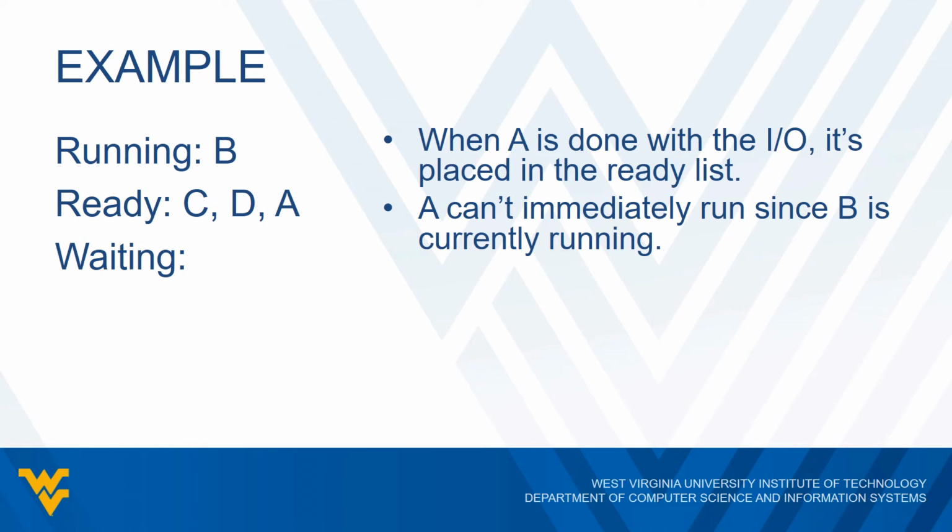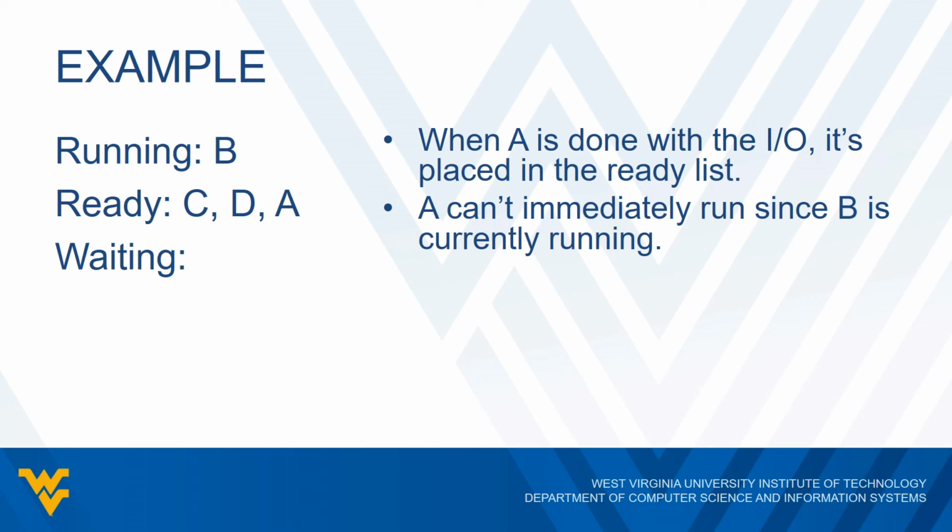Now, there are some exceptions to this in operating systems, and we won't get to that right now. But the whole point here is A now has to wait for B to finish before it can get back to the processor. So what we do is we place A back into the ready queue, or the ready list, to say that whenever the processor is free, then it can pick one of the programs in here.